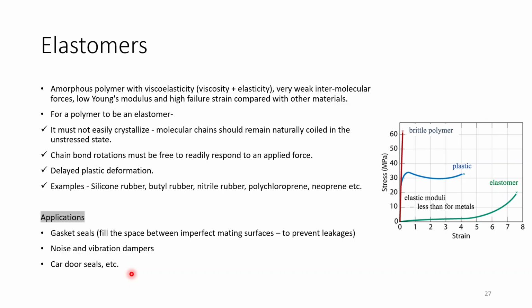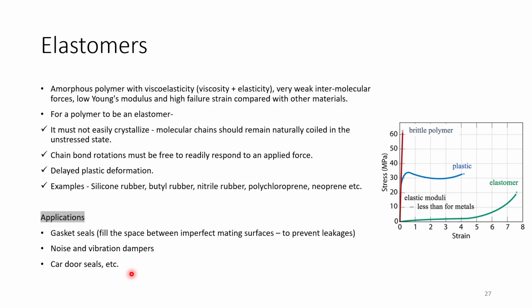Next is elastomers. Elastomers are amorphous polymers with viscoelasticity, so some part will be viscous, some part will be elastic.